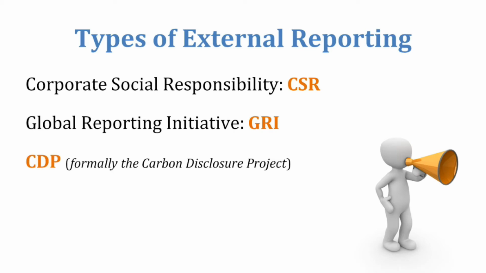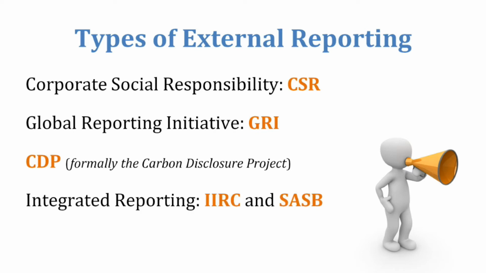Now it's just called the CDP because it's actually asking for reporting on not only climate performance, but also water and supply chain. And integrated reporting, which is where a lot of the traditional financial reporting and the sustainability reporting are coming together. And we're going to talk about the two organizations that are leading the charge here, the IIRC and SASB. And we're going to go into more detail about that later in the module.